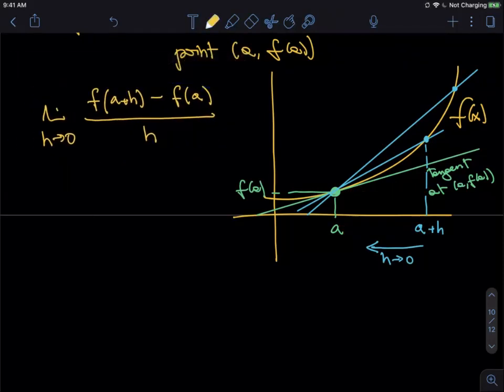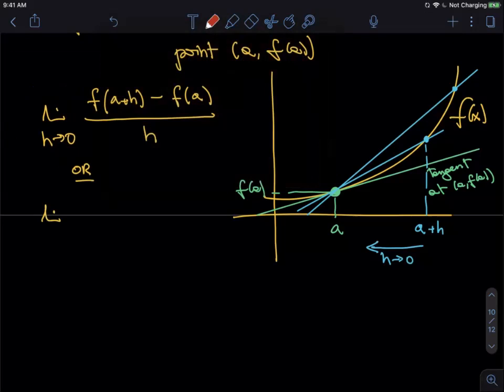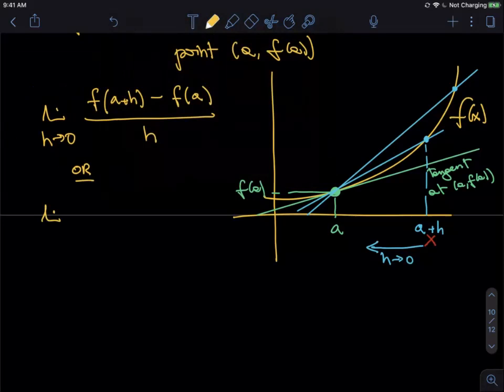We will do an example in a moment. But there is another way to write it down, that if you don't want to call the second point a plus h, you can decide to call it, let's say, x. Okay. So then the limit would be different. So what is the gain?